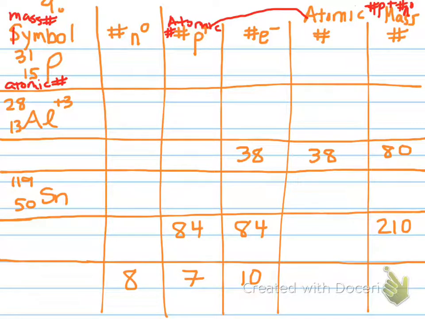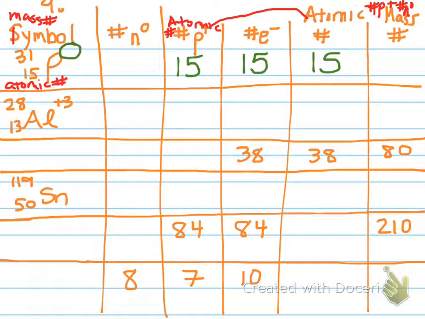Okay, so if my atomic number is 15, that means that I have 15 protons. Now, because this is a neutral atom, and I know it's neutral because I don't see a charge up here, all neutral atoms have the same number of positively charged protons as they do negatively charged electrons, so I have to have 15 electrons as well. The atomic number is 15.